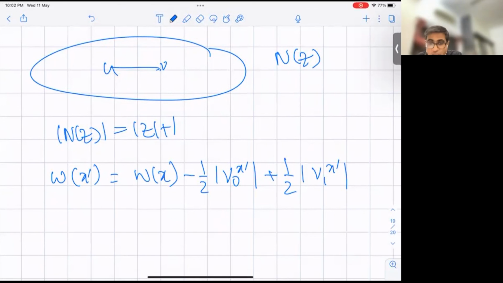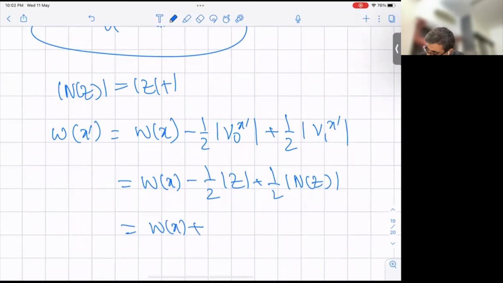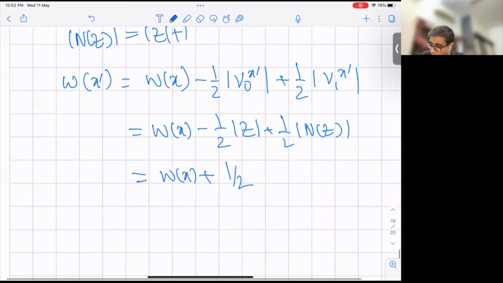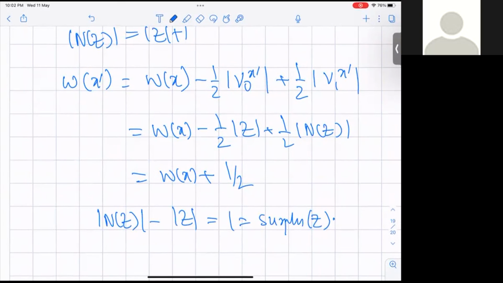It is equal to the weight of X minus half the cardinality of Z plus half the neighborhood of Z, but this is equal to the weight of X plus half, right? And now from here you get that N of Z minus mod Z equals 1, which is the surplus of Z. Is that fine? Yes.